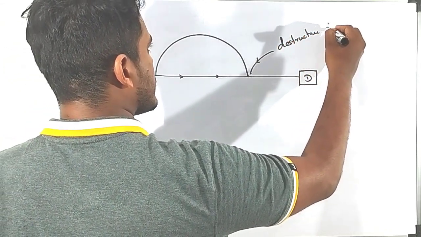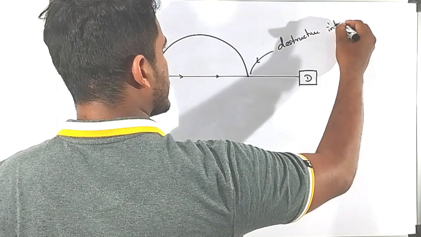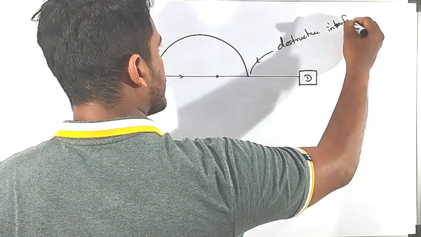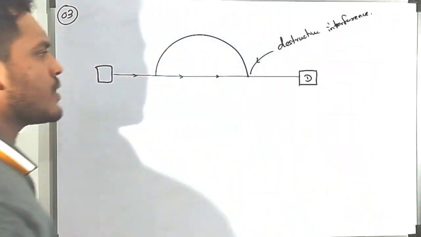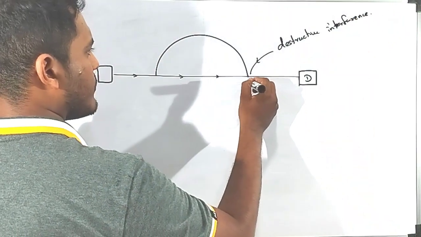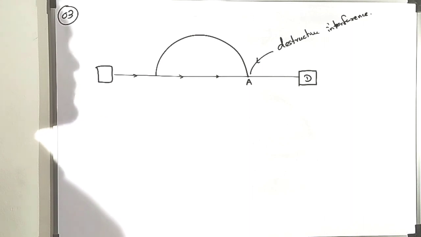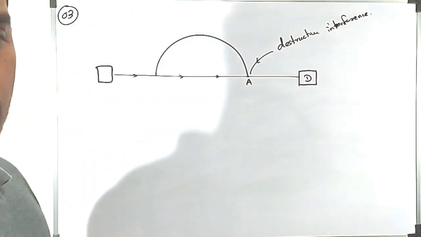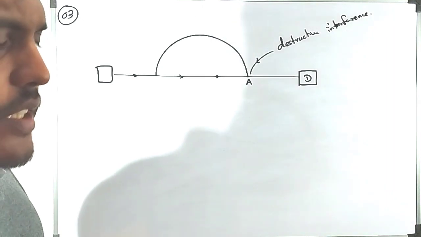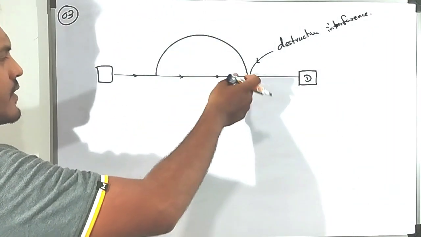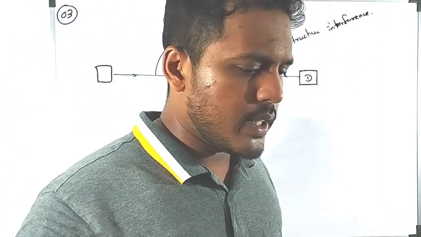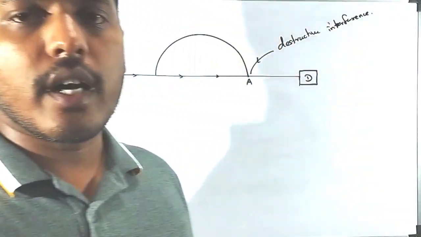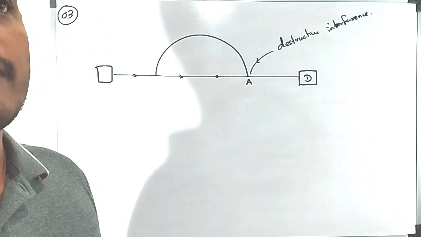The interference occurs at point A, at the junction. For constructive interference, the difference of the path lengths should be equal to lambda or whole number multiples of lambda.